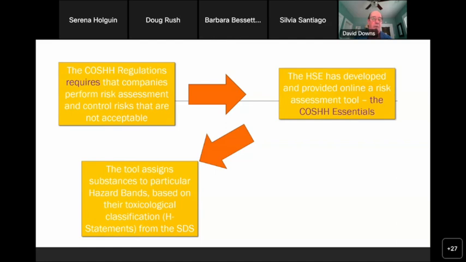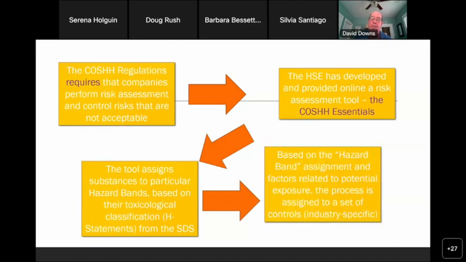The tool assigns substances to hazard bands based on their toxicological classifications, or H statements in general, from the safety data sheet. Then, based on the hazard band assignment and some factors related to potential exposure, the process is assigned to a set of controls, and these are very industry specific.